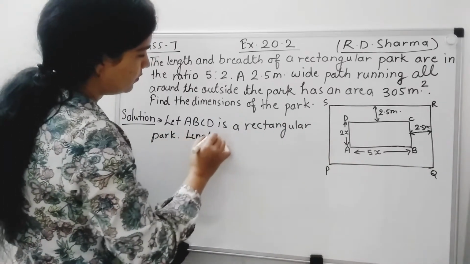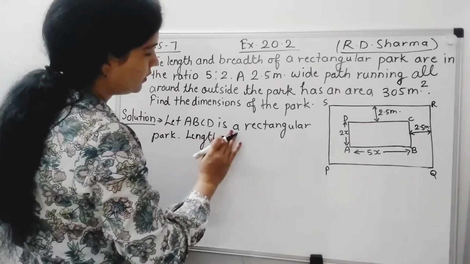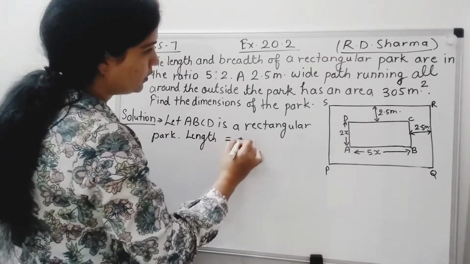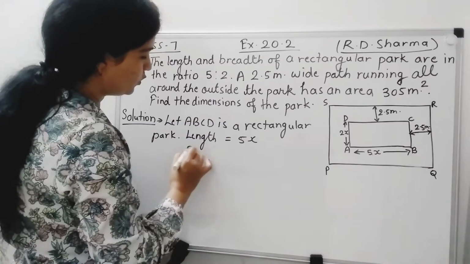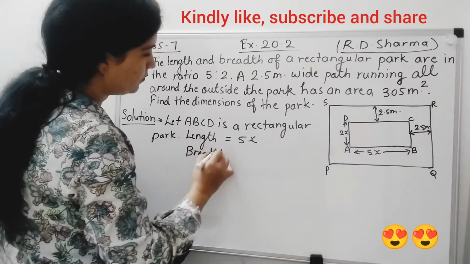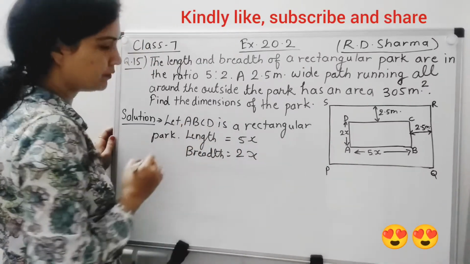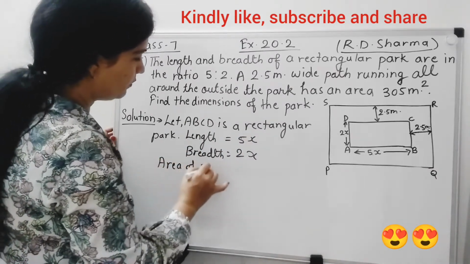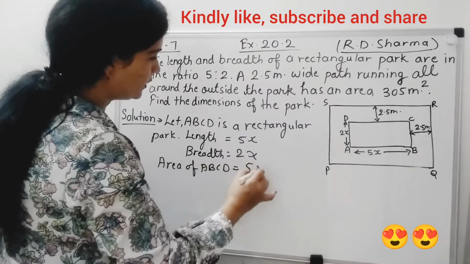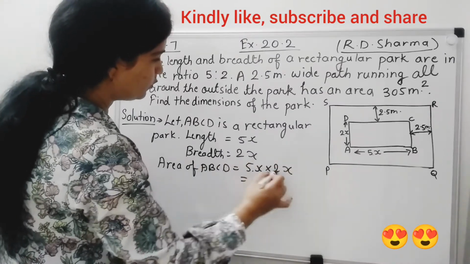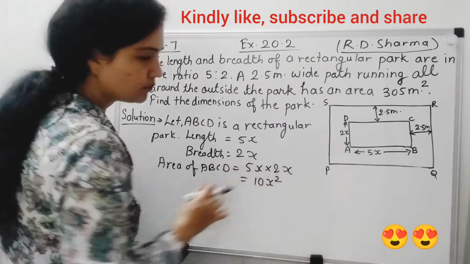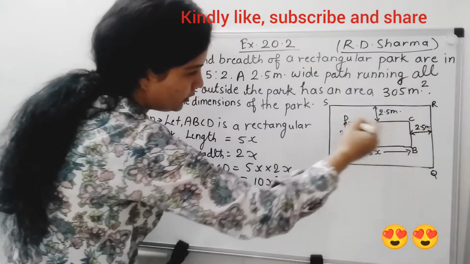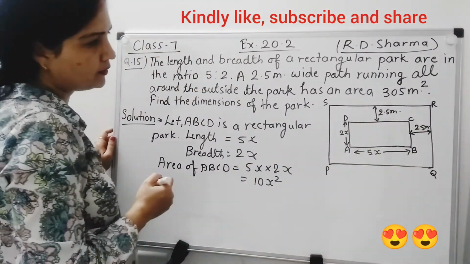Length is equal to 5x and breadth is equal to 2x. This is all let. So the area of ABCD will be 5x multiplied by 2x, 5 times 2 is 10, so 10x square. So this rectangular park's area will be 10x square.